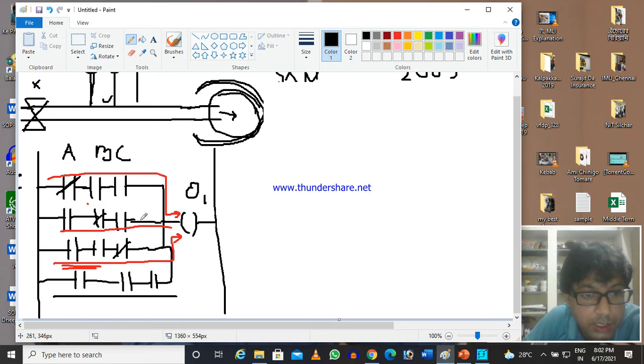Once all the parallel paths have failed, that time only the entire system will fail. Okay, so already we know how to find out the reliability of a series cascaded connected subsystem.